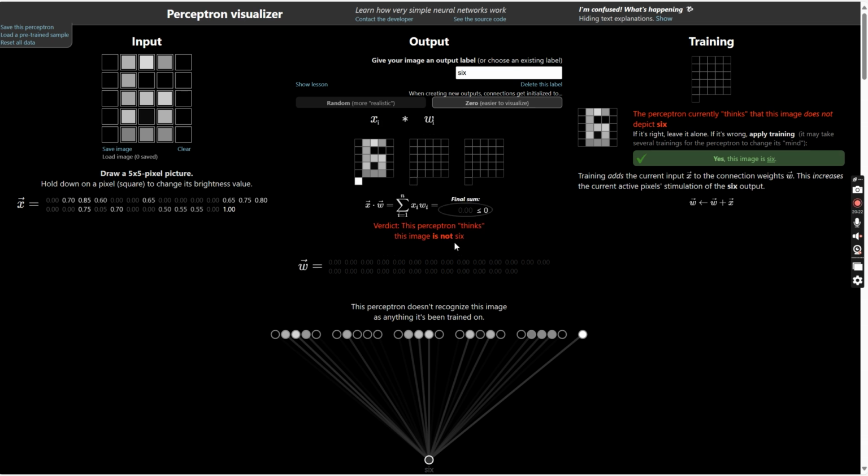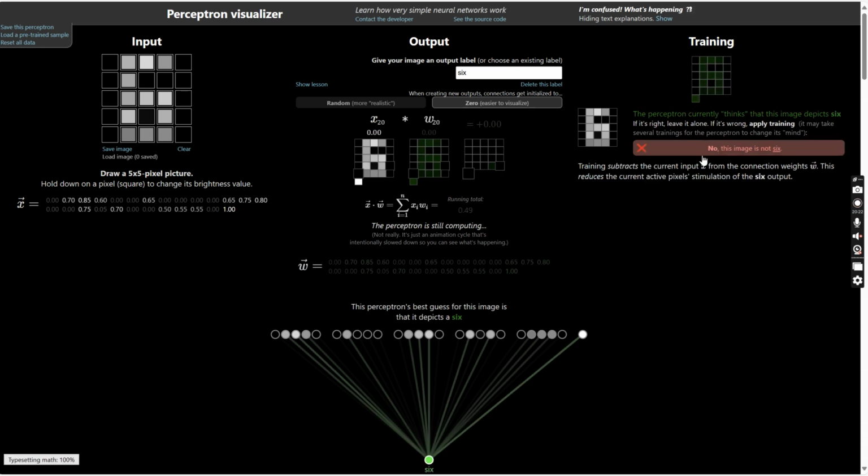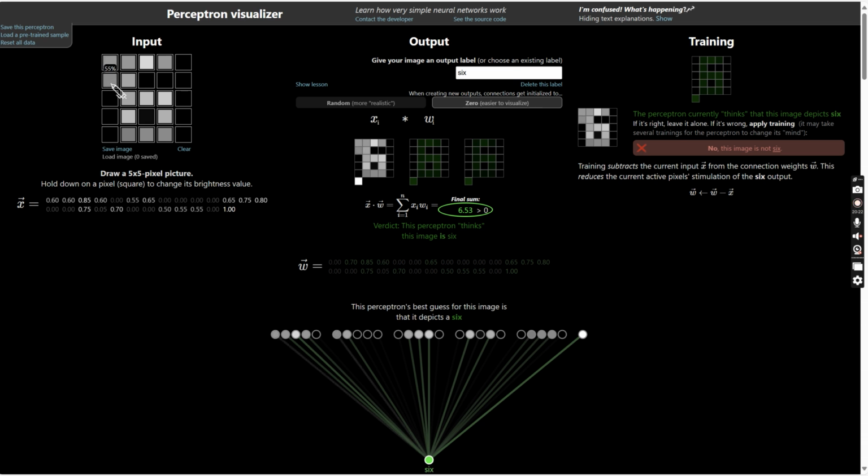This perceptron thinks this image is not 6. Okay, it made a mistake. Maybe I will do one thing. Hold on. I think we have to use the full image or something. I will use it like this instead.